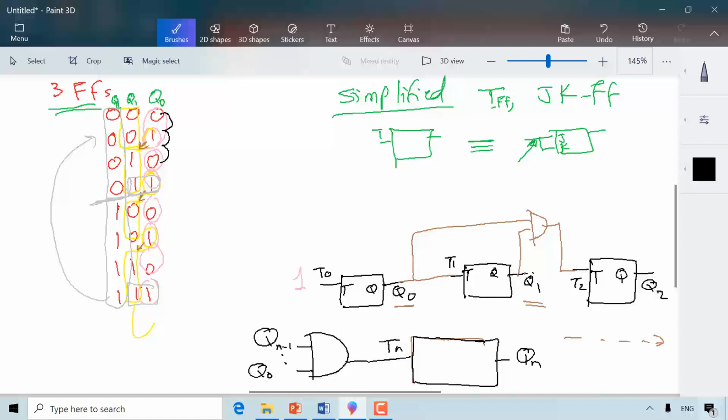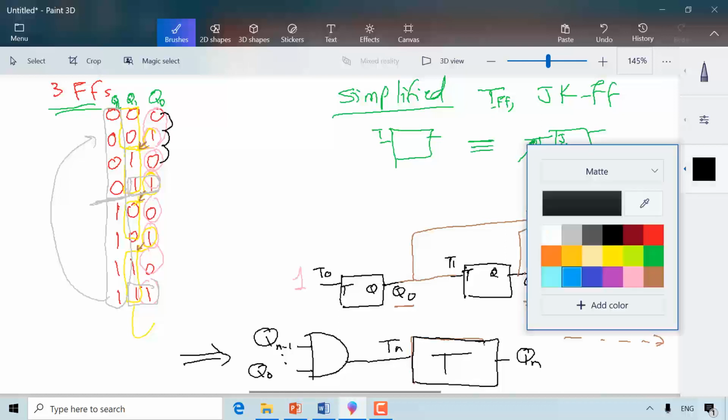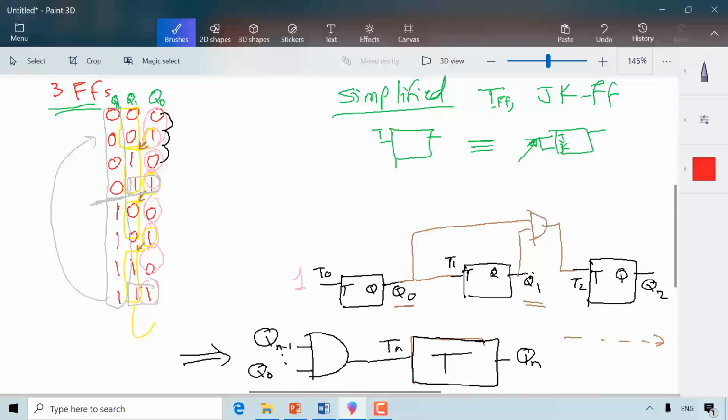This will toggle the T flip-flop for Qn. So this is the general simplified form. Now, don't forget always the clock. It's very important we don't forget it, because this is digital design. So this is my clock. This is the simplified method for a synchronous up counter.